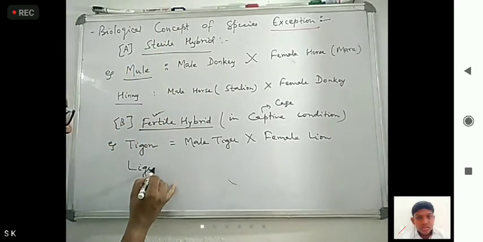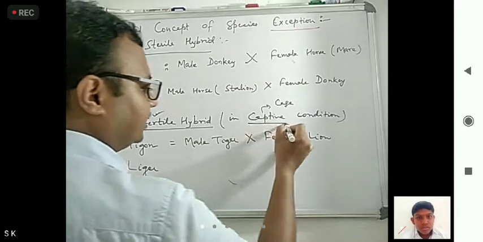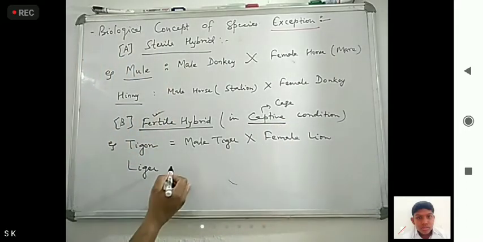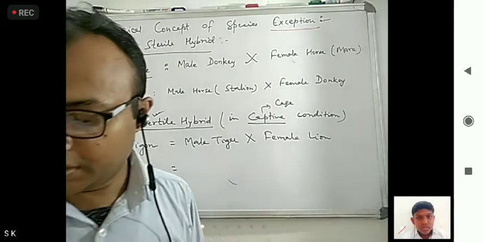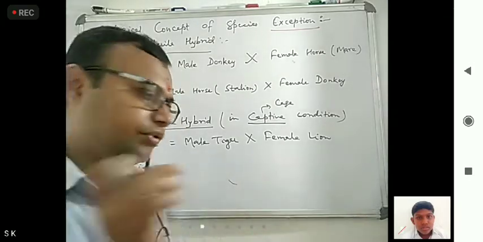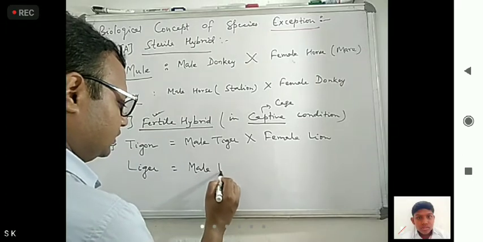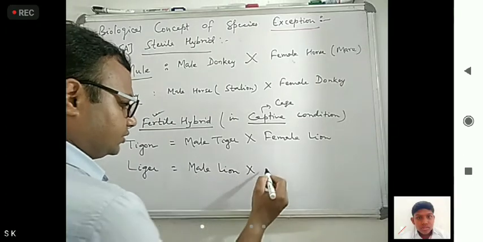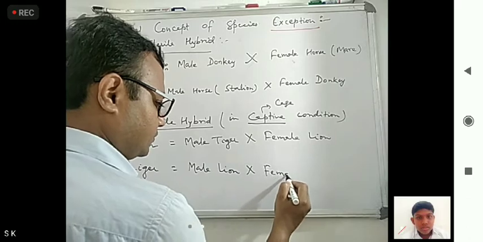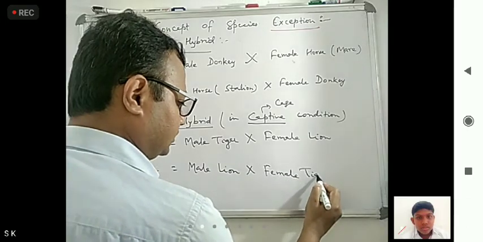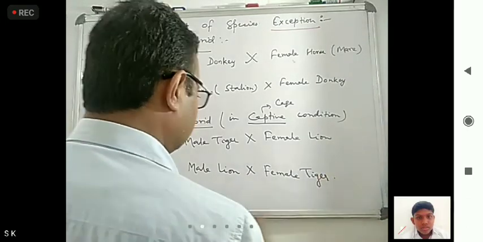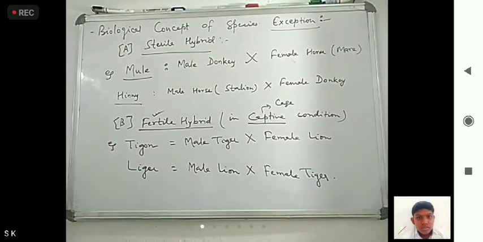But here conditions apply: it should be captive condition in this case. Now the liger is a male lion and a female tiger, just the reverse. A male lion crosses with a female tiger. So these are the exceptions to the biological concept of species.